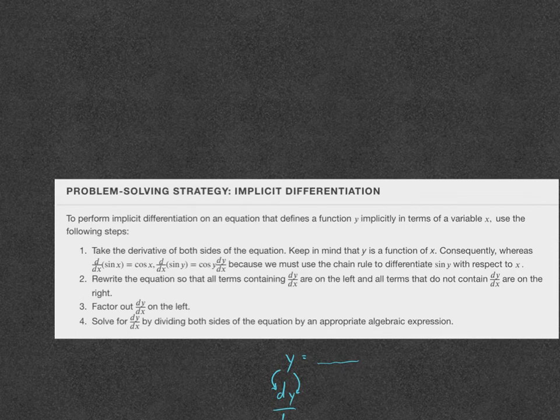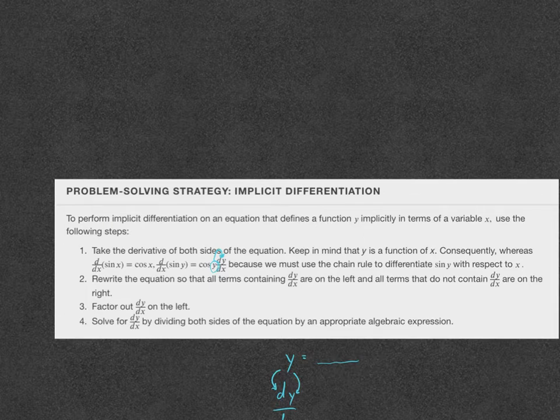So when I have my y term implicitly within the equation, anytime I differentiate a y, I get an extra term multiplying by dy over dx. We've been writing it all along. Now we've got to make sure that we write it within the equation, because we might even see more than one y inside of an equation. So that's the calculus step, step 1.